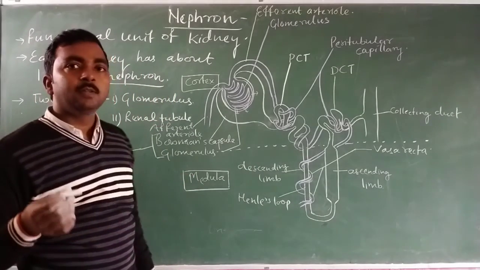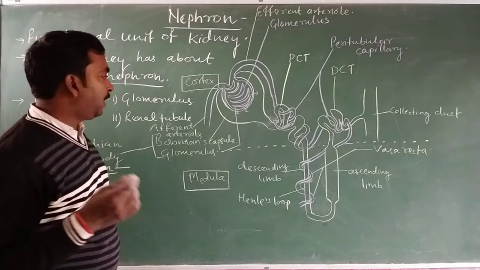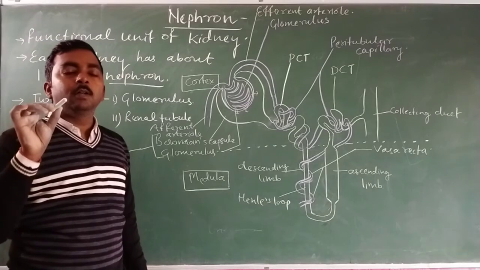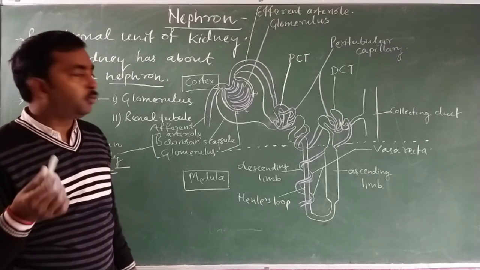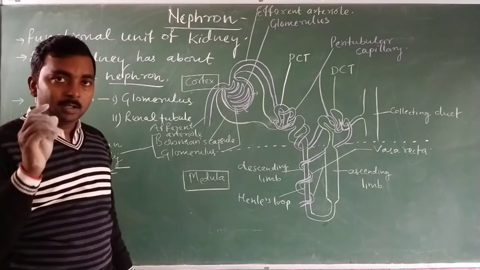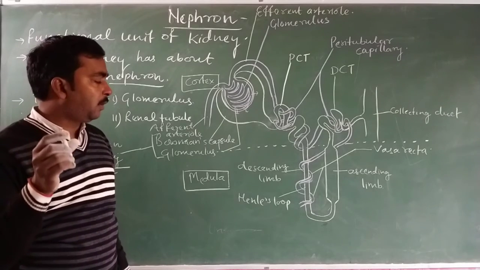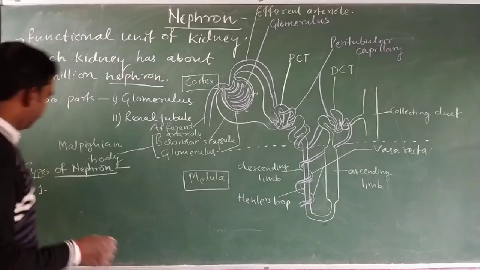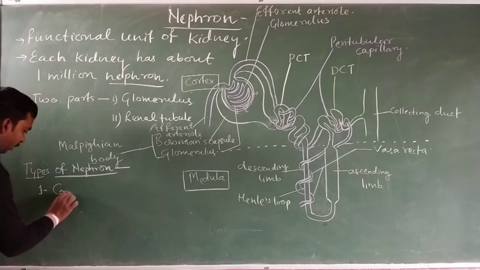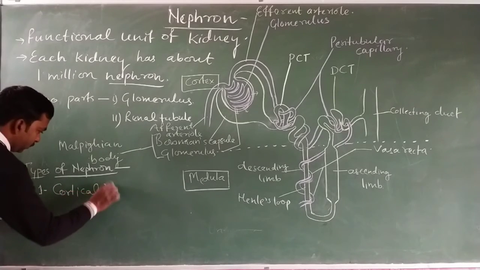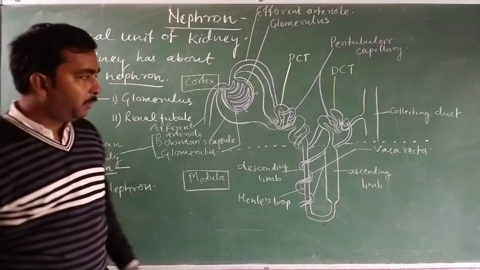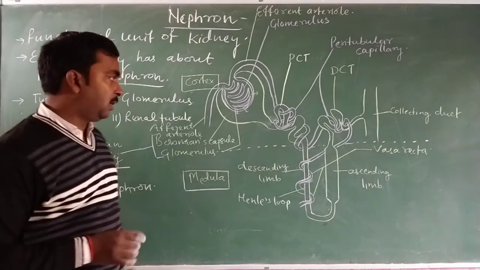So on that basis, the nephron is divided into two categories. The first is the kind of nephron in which the Henle's loop is too short or too reduced. So only a little amount of the nephron extends into the medulla, but most of the part exists in the cortex region. That kind of nephron is known as cortical nephron, in which the loop of Henle is very small.